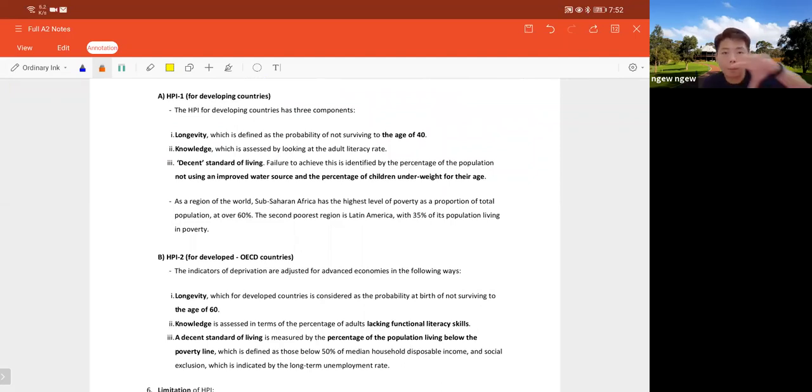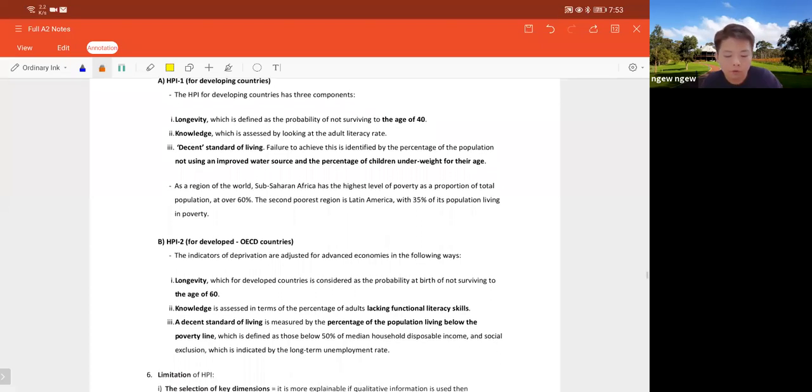Just like we compete within the category, we rank you within the category. Just like when you are going for taekwondo or math competitions, they group you below 18, above 18, or below 80 kg, above 80 kg. So HPI works in such a way as well. Okay, so we have HPI-1, which is meant for the poorer countries, the developing countries. And we have HPI-2, which is meant for the more developed countries.